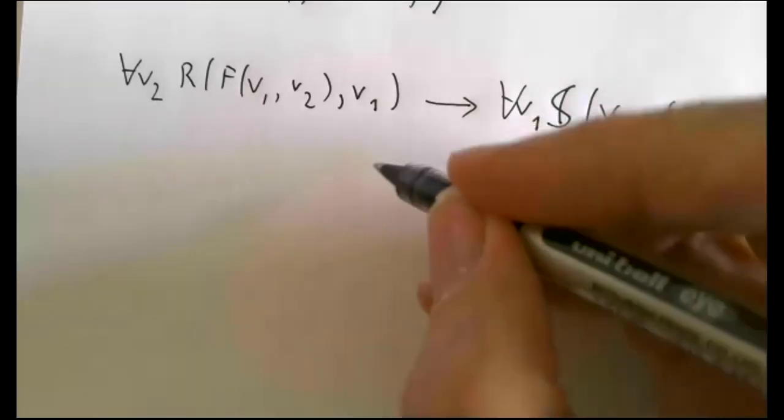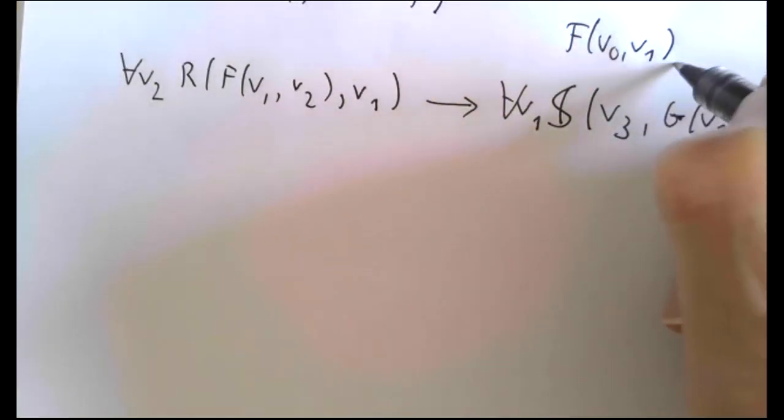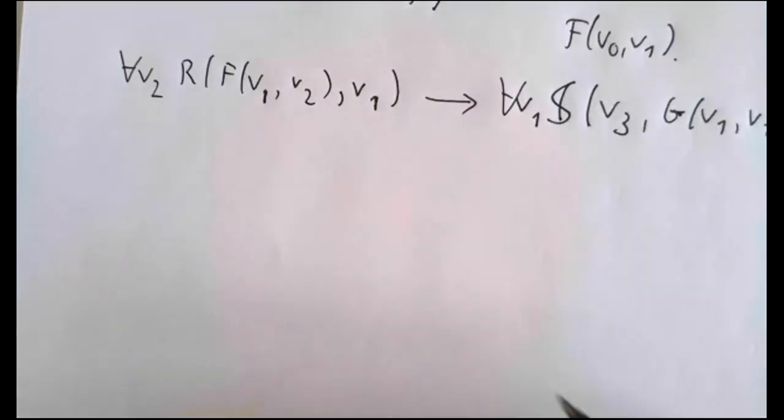Okay, and what are we going to substitute? F of v0, v1. So this is v1 here. The first part of the question asks, for which occurrences of v1 is this substitutable?